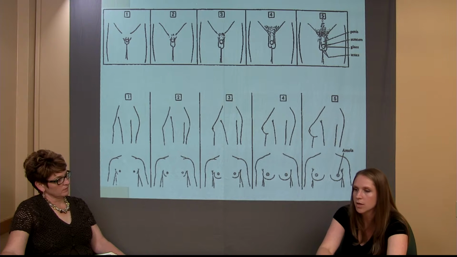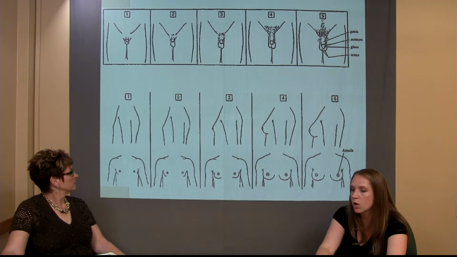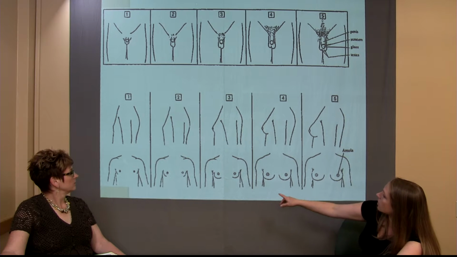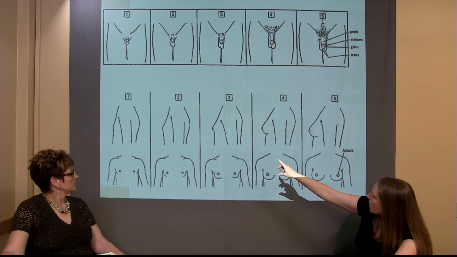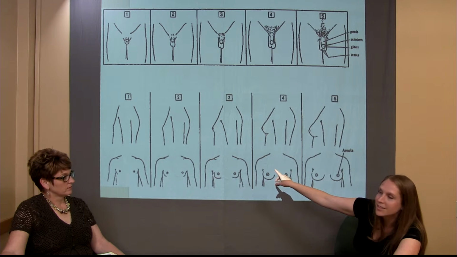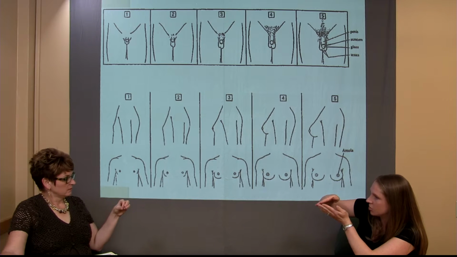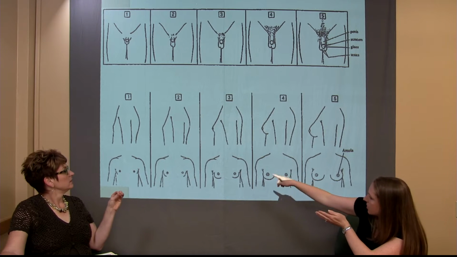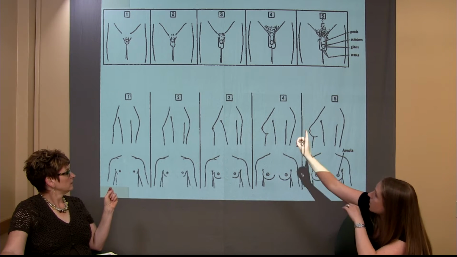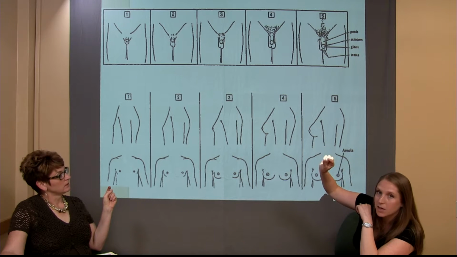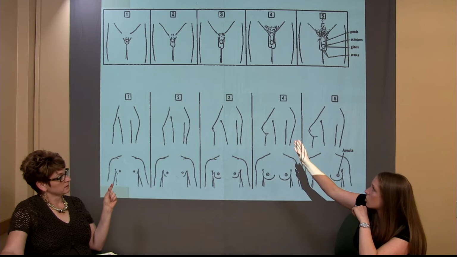In stage 3 for a female, you get overall growth of the breast. You can see not just the buds, but now I always called it the cone boob because it's still one unified mound, just kind of cone shaped. For the male, that's when the penis first starts to enlarge.